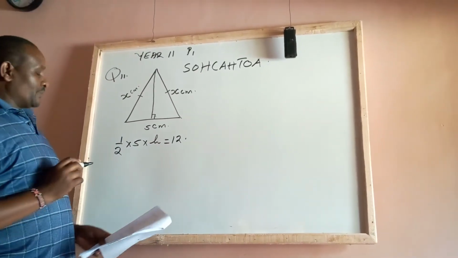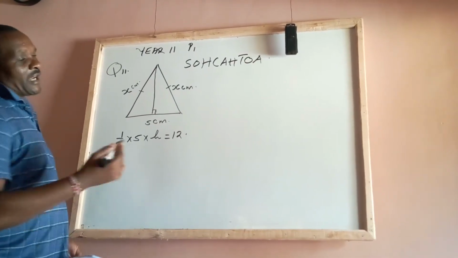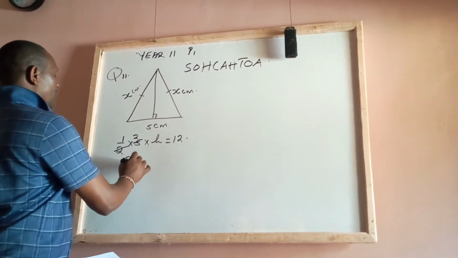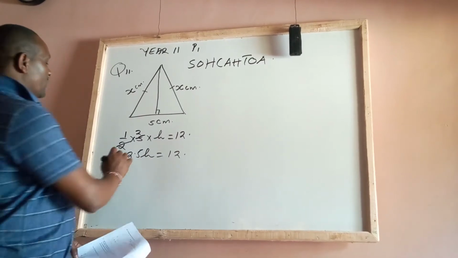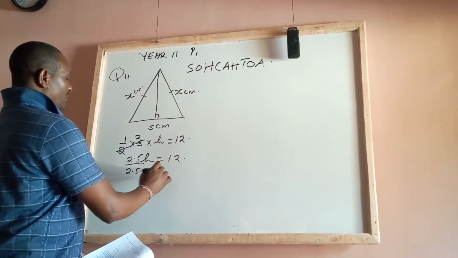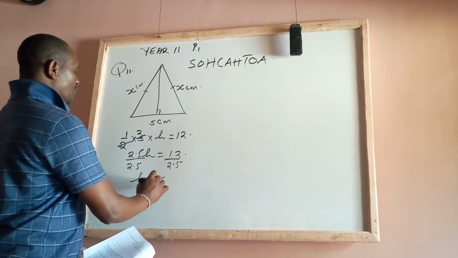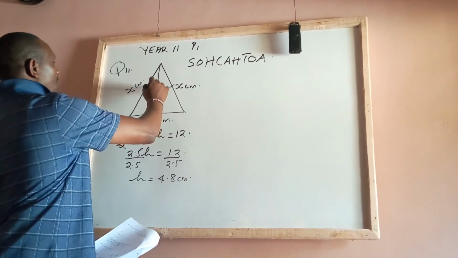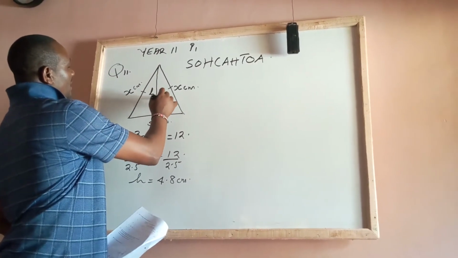Of course, now, having said that, we can easily calculate the h, because 2.5h will give us 12. If you divide both sides by 2.5, you will get h is supposed to be 4.8 centimeters. Now we have the perpendicular height, which is 4.8 centimeters.